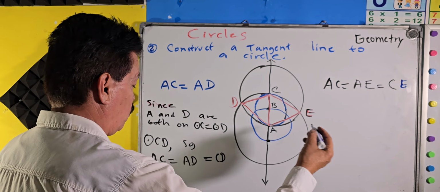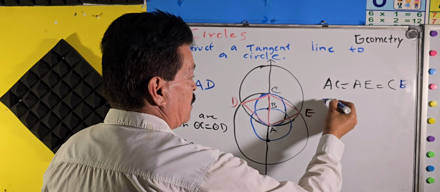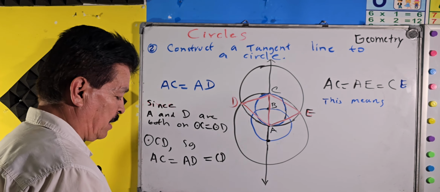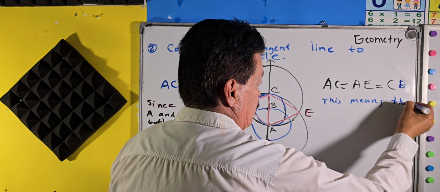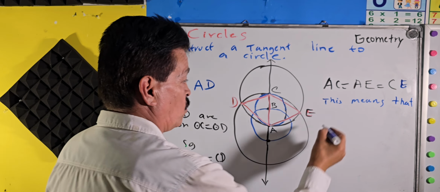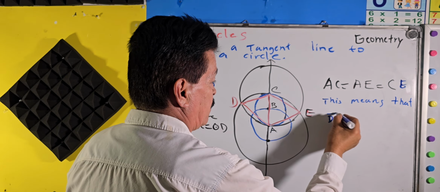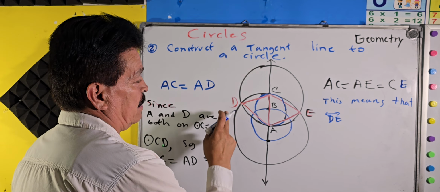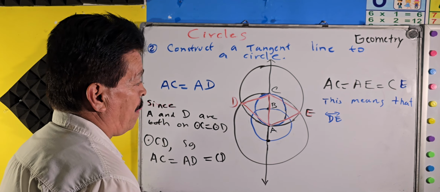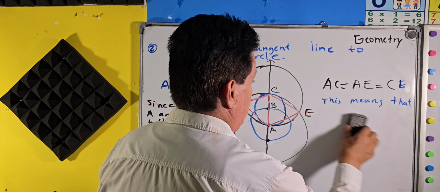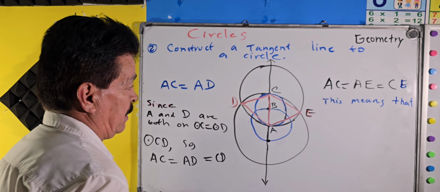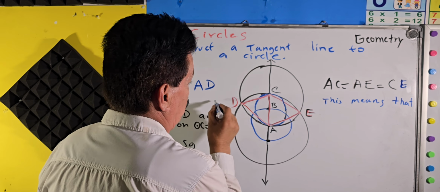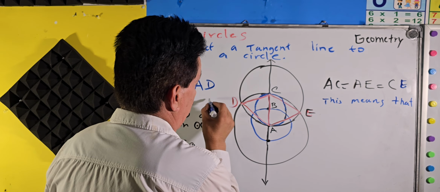So here is our conclusion. Let's write a conclusion. The line DE, let me make the line. So now we are able to make this line, because we have to construct the tangent line. So the tangent line is this one.